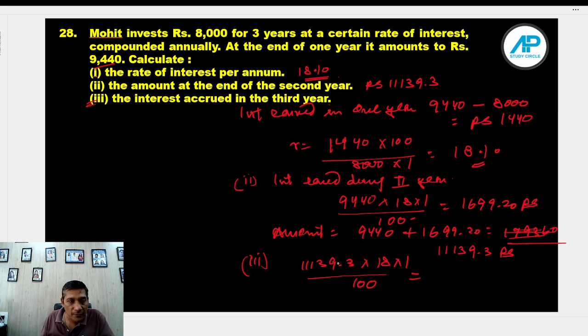So I simply find 11139.2 into 18, and I'm just finding interest: 2005.05 rupees. Answer of third part: 2005.05 rupees is the interest accrued in the third year, the amount in the second year, and rate of interest per annum. I hope these questions are clear to you.